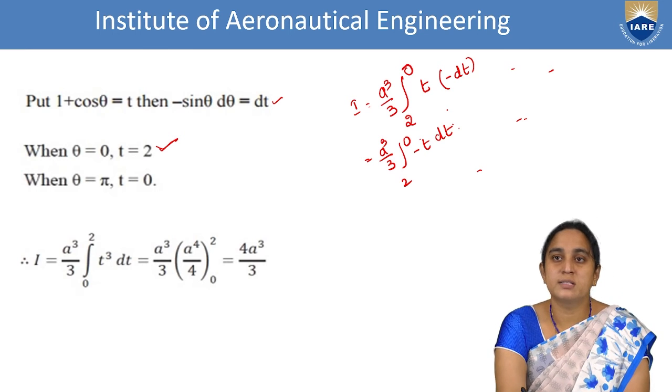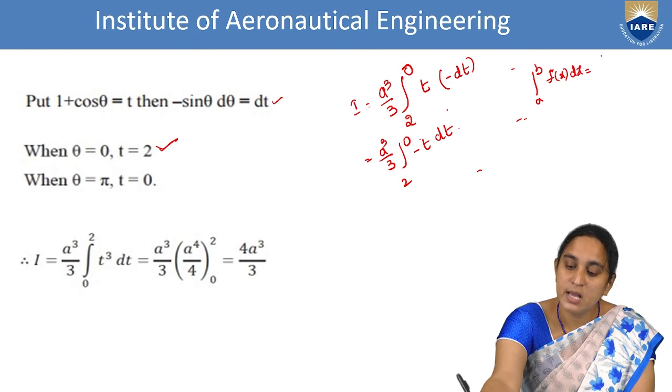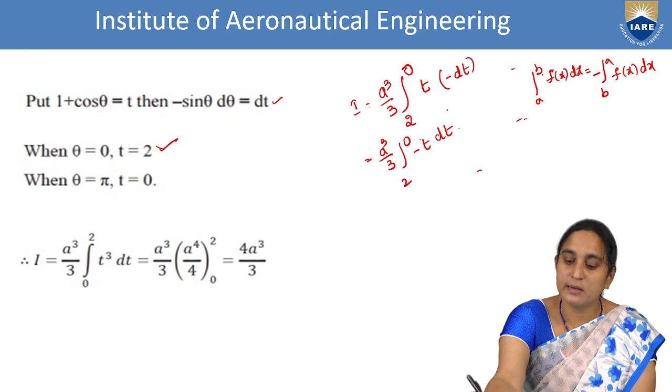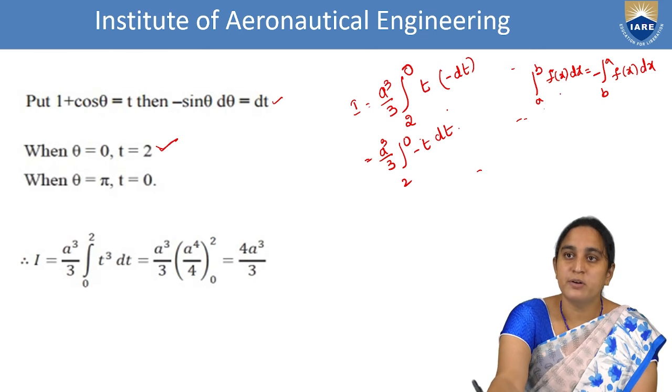But we have one concept for this. Integral of a to b f of x dx is equal to what? Minus integral of b to a f of x dx. When we are using this concept, if we convert the upper limit as lower limit and lower limit as upper limit, what is the formula for that?